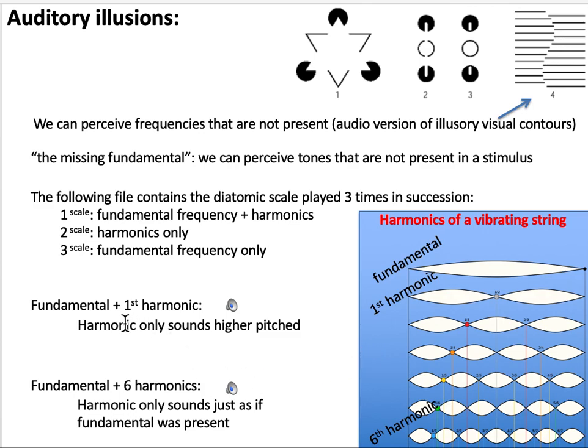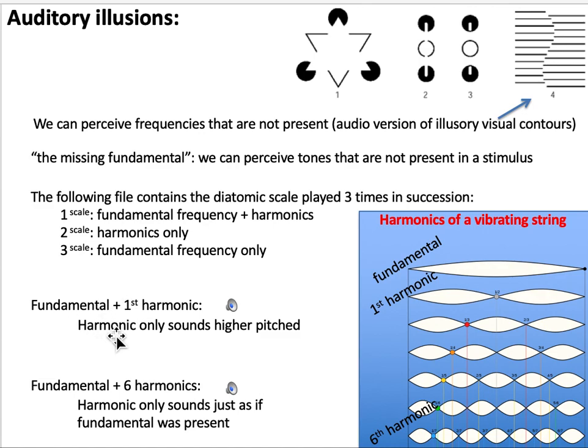Okay, so now what we're going to do is play the fundamental note and just the first harmonic. We're going to hear it 3 times, a sequence of tones. The first time we'll hear the fundamental and the harmonics. The second time we'll hear the harmonics only. And then the last time we'll hear the fundamental frequency only.